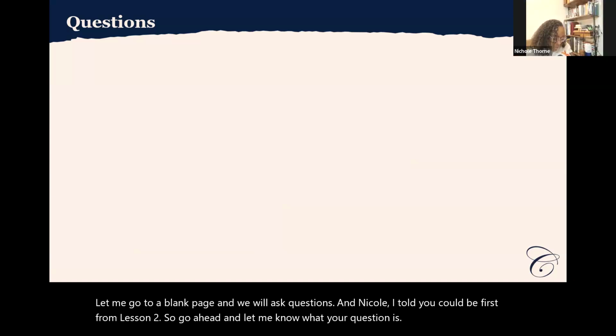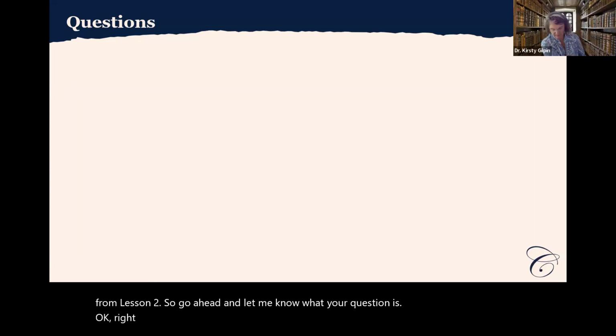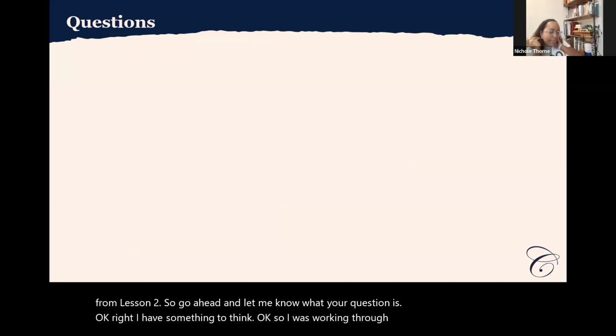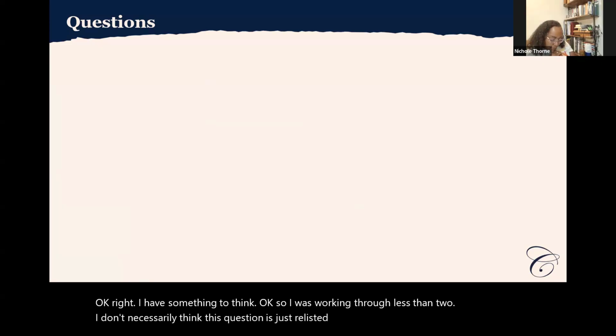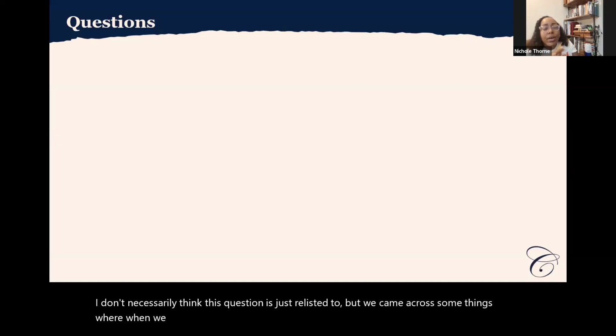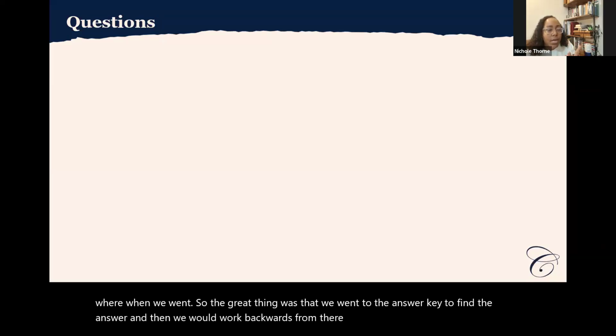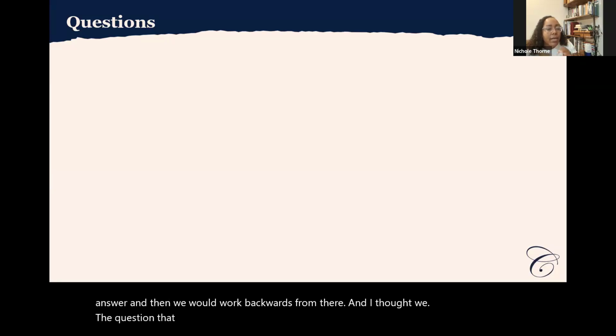Okay, great. So I was working through lesson 2, and I don't necessarily think this question is just for lesson 2, but the great thing was that we went to the answer key to find the answer, and then we would work backwards from there. And I liked that when it worked. The question we were asking was, okay, here's the answer.